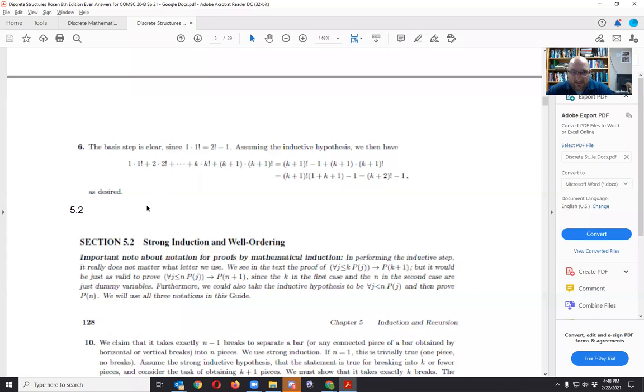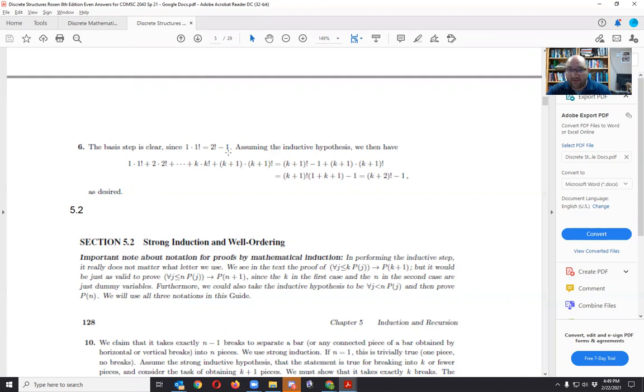Okay, so our basis step is 1 times 1 factorial is equal to 2 factorial minus 1. So 1 factorial is 1. 1 times 1 is going to be 1. 2 factorial is 2 times 1, which is 2, minus 1 is 1. So 1 equals 1. Yay!